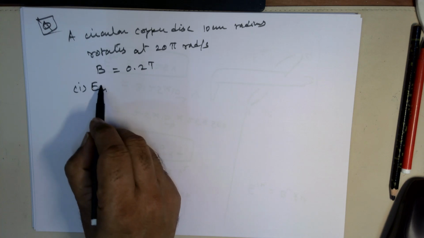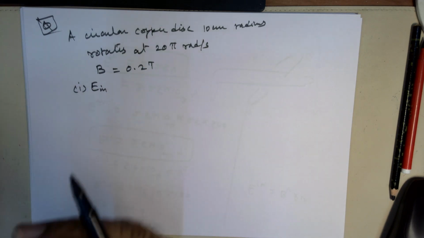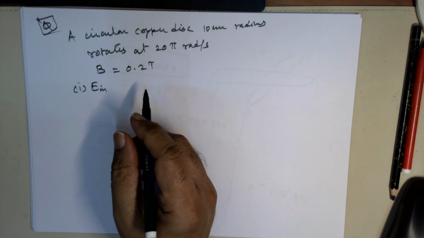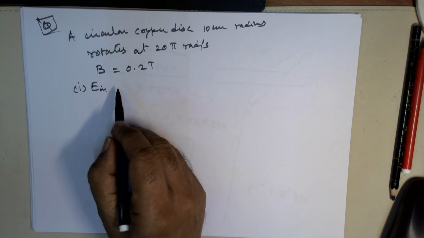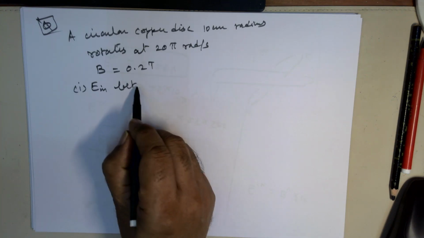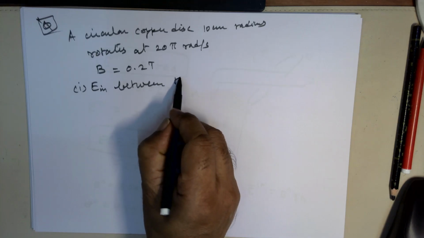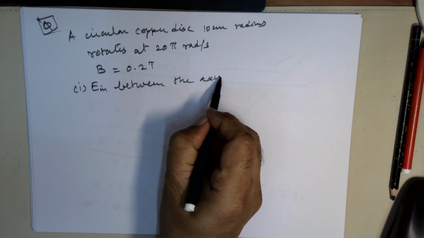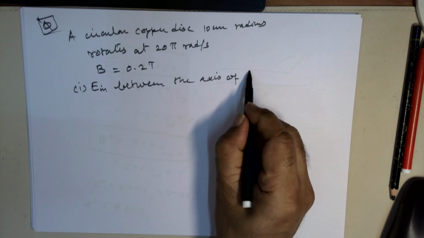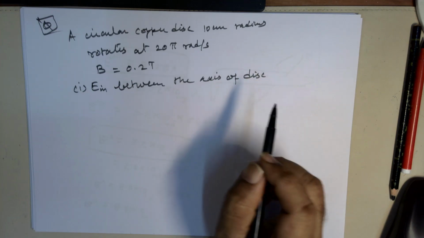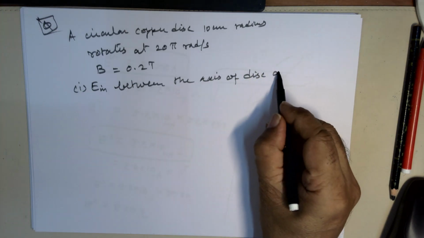Calculate the potential difference, that is the induced EMF here, developed between the axis of the disc and the rim.